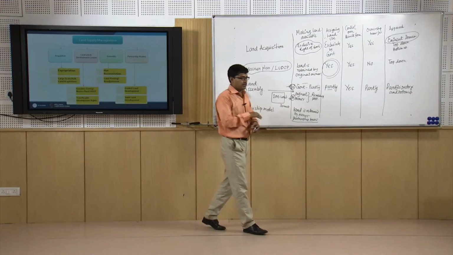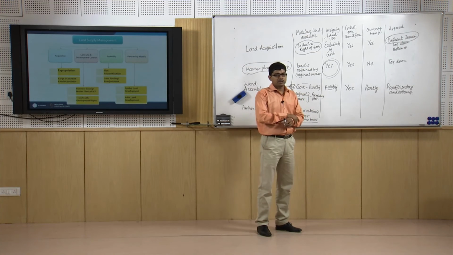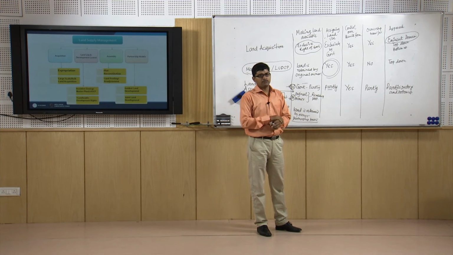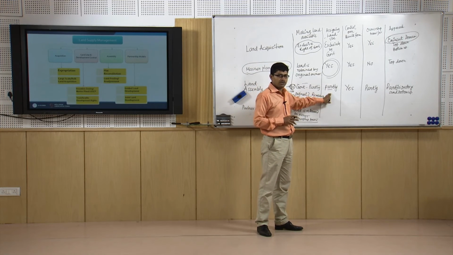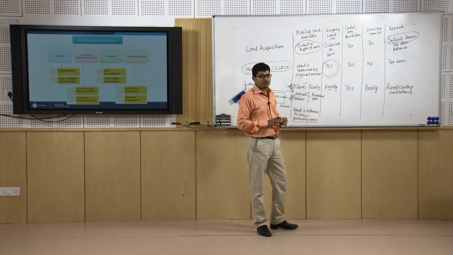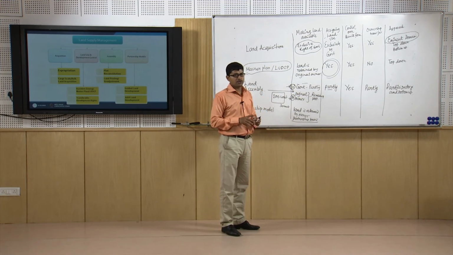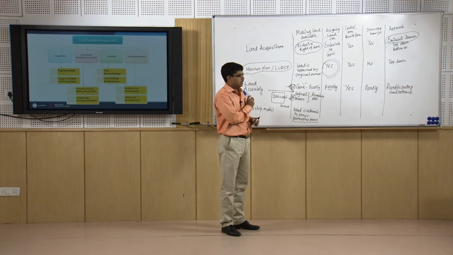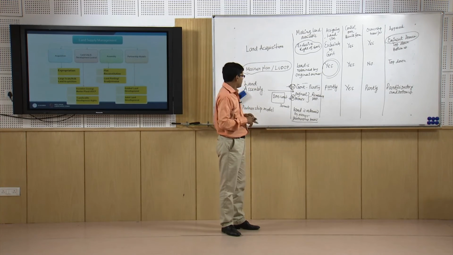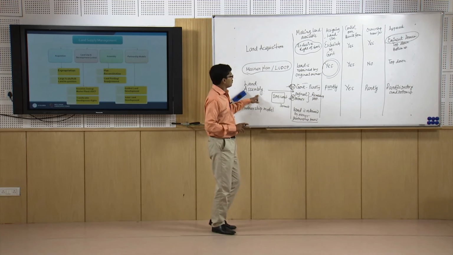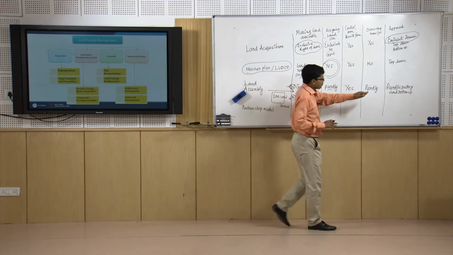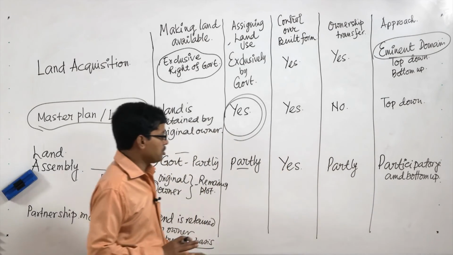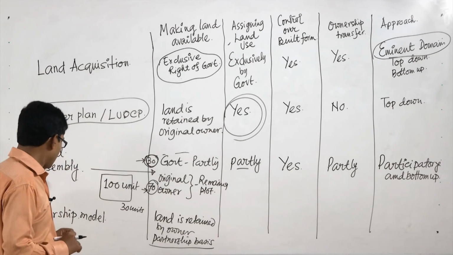Mostly states like Gujarat, Maharashtra, Madhya Pradesh already have provisions for land plot reconstitution in their town and country planning acts, whereas right now a few other state governments are also trying to incorporate this element of land assembly for future housing development. This method has the advantage of not going into land acquisition, which is a lengthy and sometimes stringent process, and it is a participatory and bottom up process, but it also ensures planned urban development. Then we come to the partnership model.